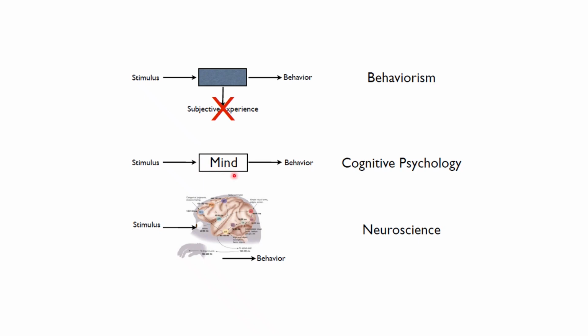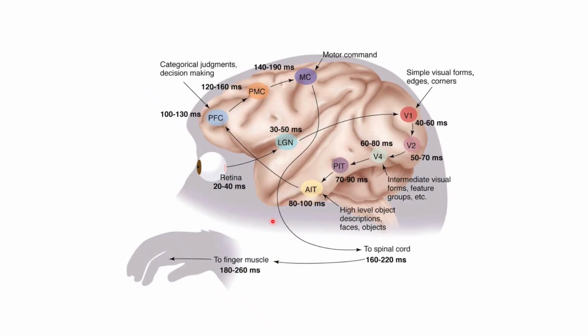And the field of experimental neuroscience tries to look at the whole circuit that is involved in processing the stimulus and generating the behavior. So there may be a lot of processing steps here that one can try to study experimentally. Let's say I look at a cup, and after looking at the cup, I raise my hand to lift the cup. Let's see what is going on in the brain during this simple process.